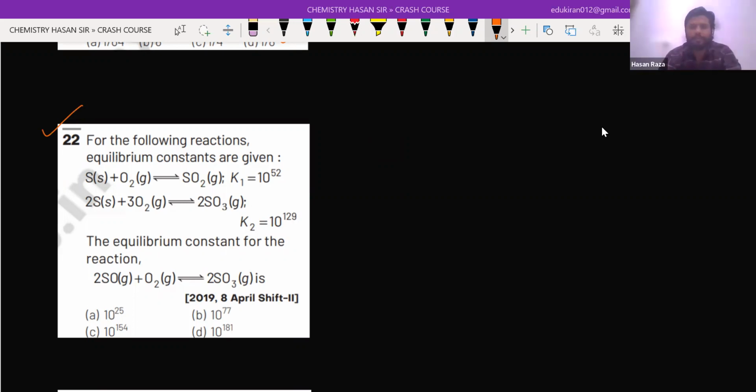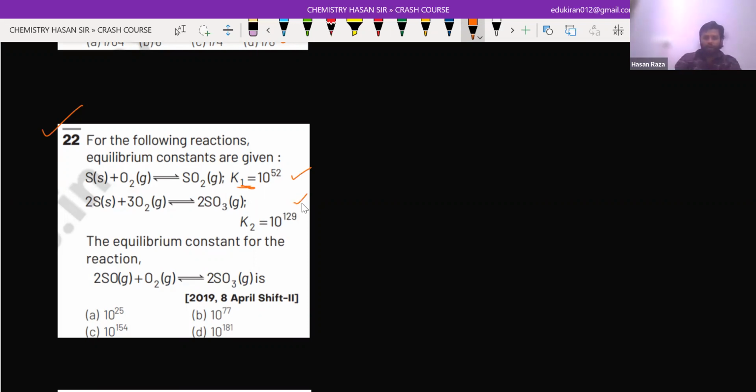See, as you can see, the following reactions' equilibrium constants are given. S is in solid state. Yeah, it is. Option A is correct. S plus O2 giving you SO2 has K1 that is 10 raised to the power 52. Now 2S plus 3O2 giving you 2SO3 and its K2 is 129.